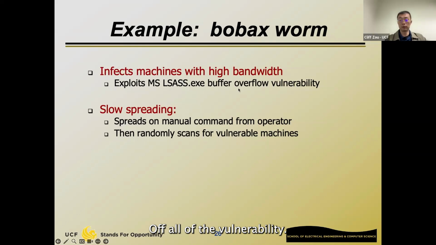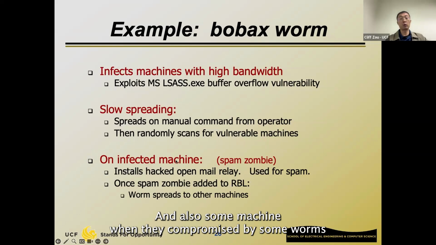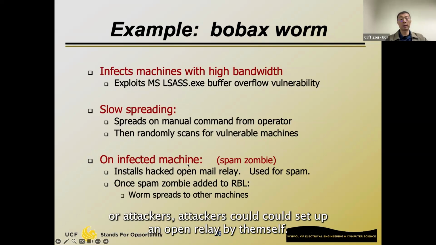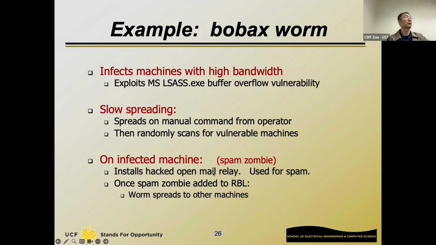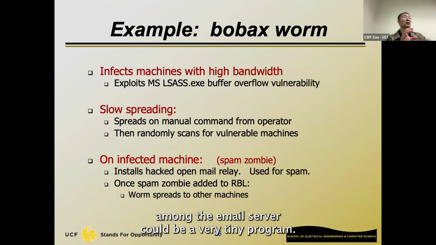Buffer overflow vulnerability. And also some machines, when they are compromised by worms or attackers, can have open relay set up by themselves. Because if the email server only supports basic commands, it could be a very tiny program.